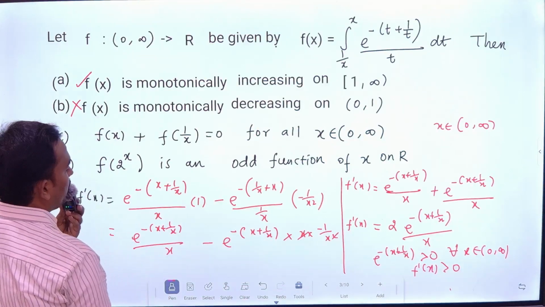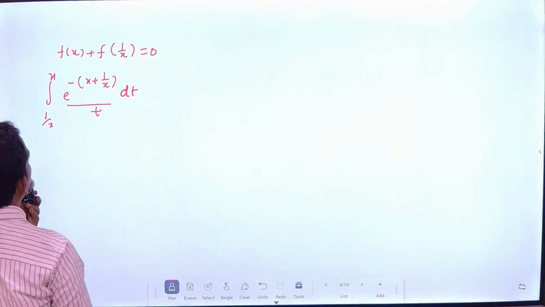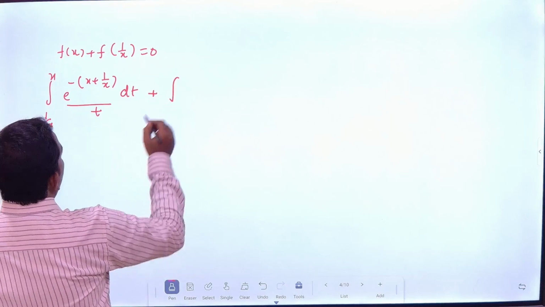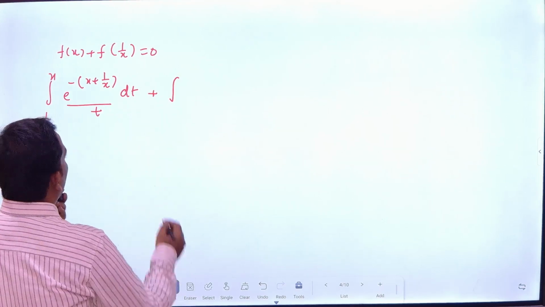This is your f of x. Just replace x by 1 by x. You have to show that the sum will be 0, right?